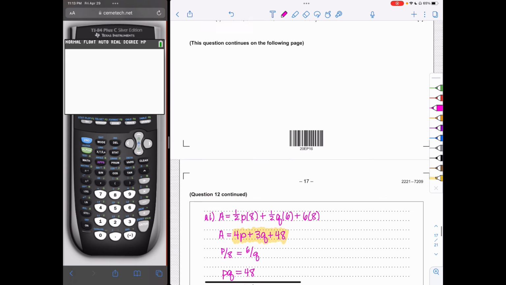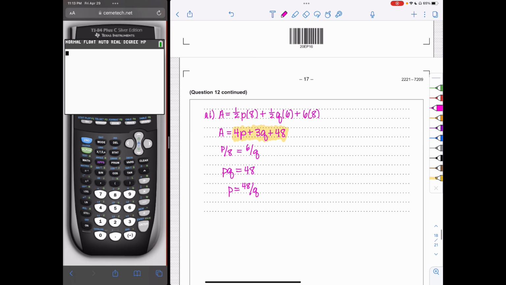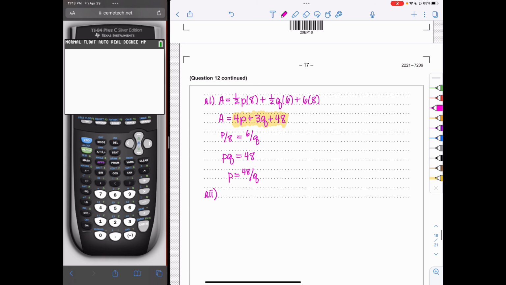Because in part 2, I want to show that A was actually equal to 192 over Q plus 3Q plus 48, instead of writing A is equal to 4P, I could say A is equal to 4, and instead of times P, I could say 48 over Q, and then plus 3Q plus 48.